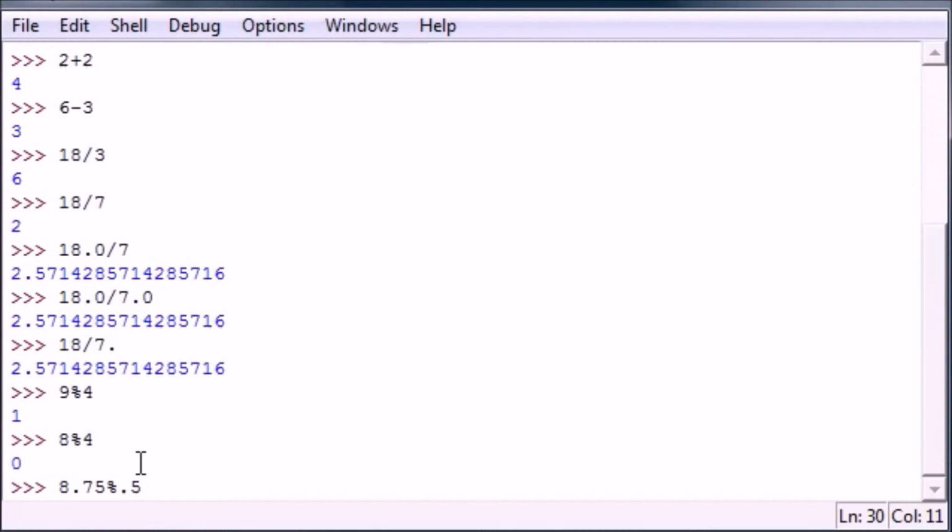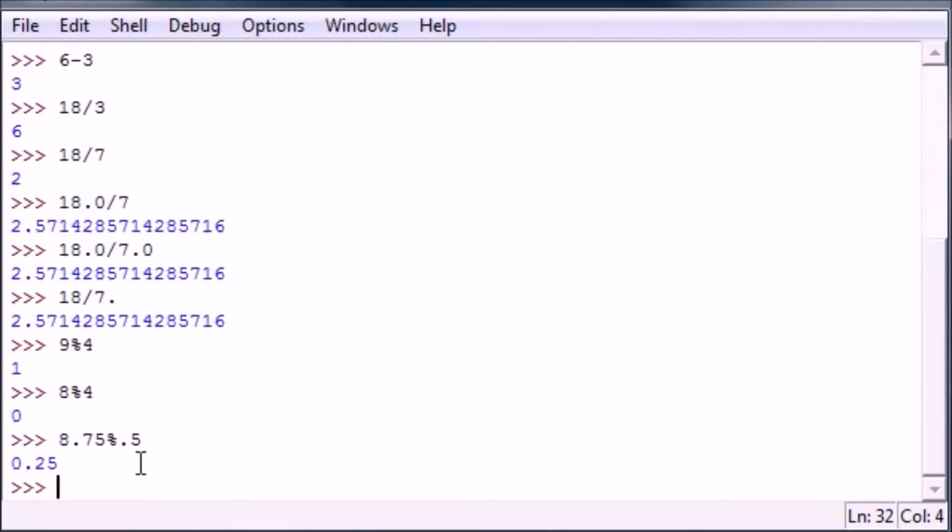What's the remainder when you divide it by 0.5? You have 0.25 left over. So that's how you use the modulus. And again, the modulus is just the remainder of whatever is left when it divides by the denominator.